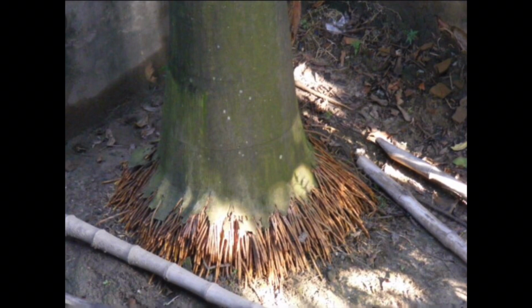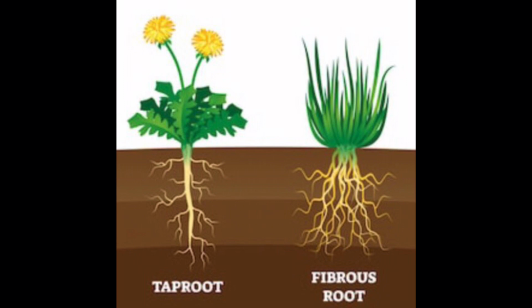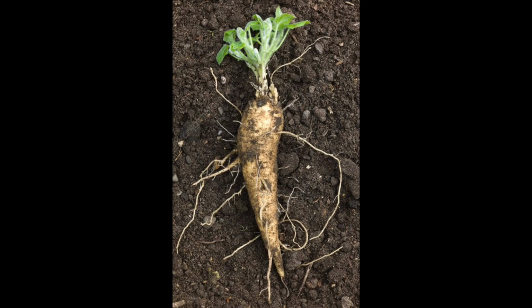Isn't it, children? So the root system is divided into taproot and fibrous root. The part below the soil is called the root, and it consists of two types, taproot and fibrous root. What do you mean by taproot? Some plants have one single root which grows from the lower end of the stem.